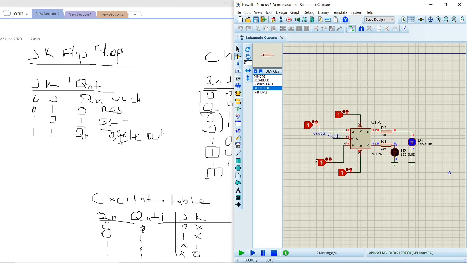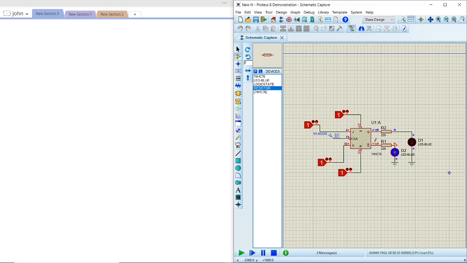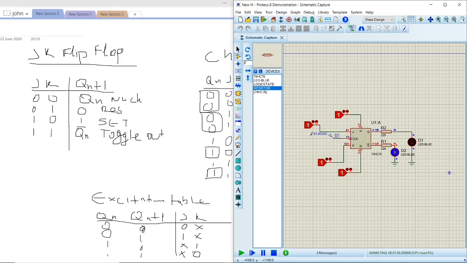Do you remember on the truth table, when we have 1 and 1, it should toggle, which it does, as you can see here. One time Q is on, and after that, on the positive edge, it changes to the second LED. If I change J to 0, we should expect Q not to be on.